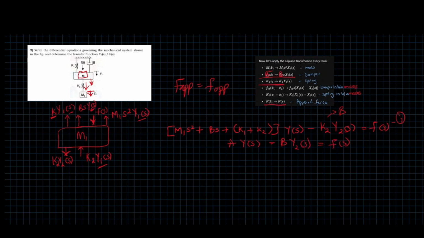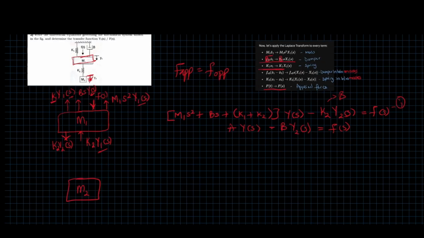For the second equation, let's work with M2. So for M2, hold M1 and move M2. When you move M2 downwards, it's going to be pulling on this spring, which means the spring will be trying to pull it back. You're going to have K2 Y2(S). The mass also opposes its motion, so M2 S squared Y2(S), sorry, 2, not 1.